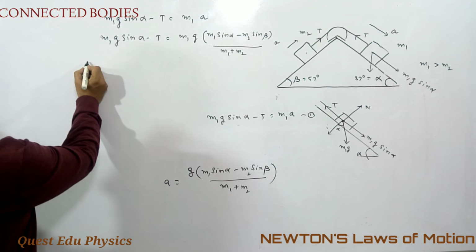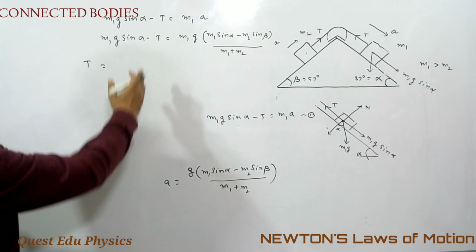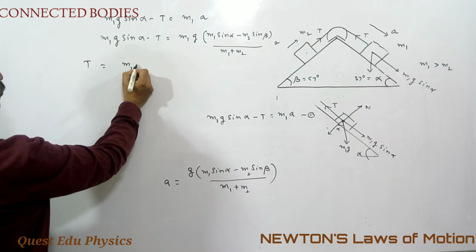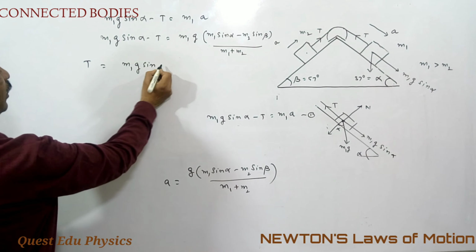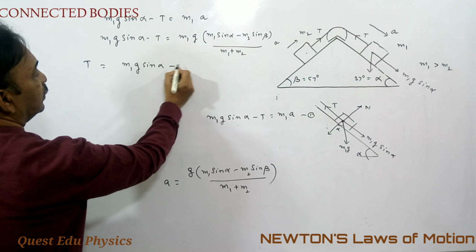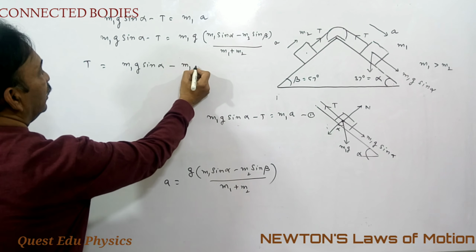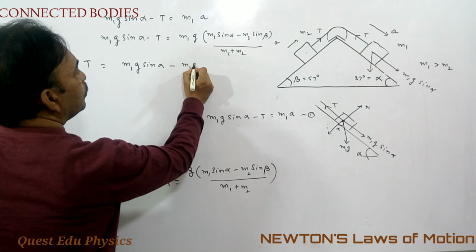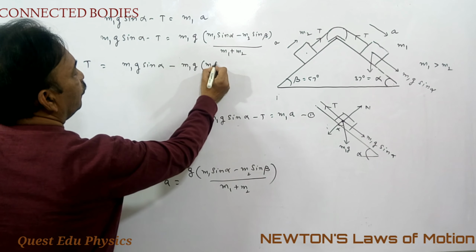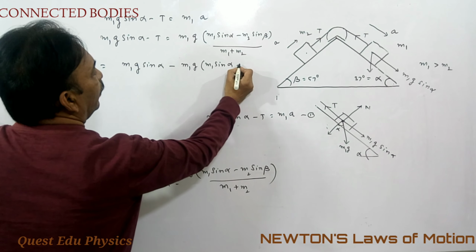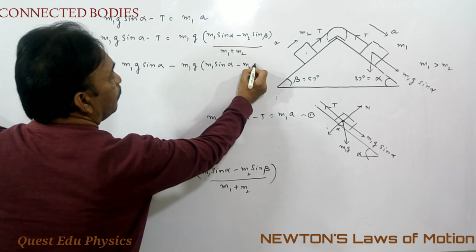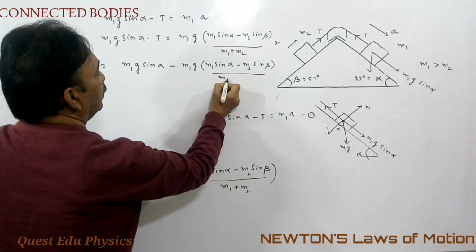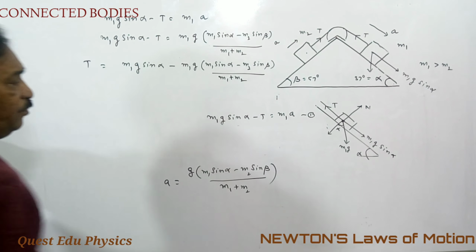Okay students, T can be had by taking it out, that is m1g sine alpha minus m1g of m1 sine alpha minus m2 sine beta upon m1 plus m2.